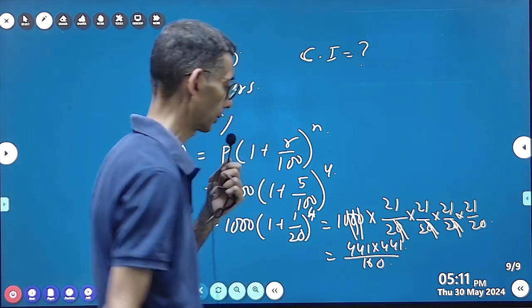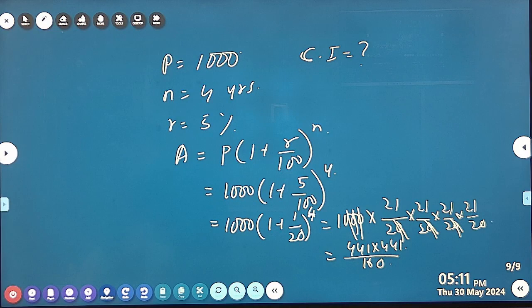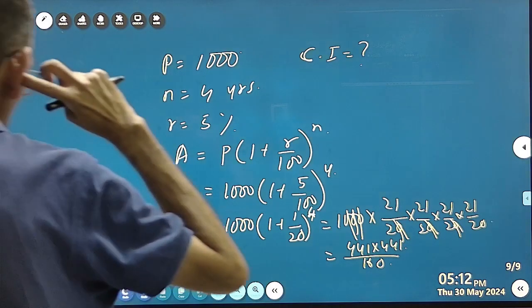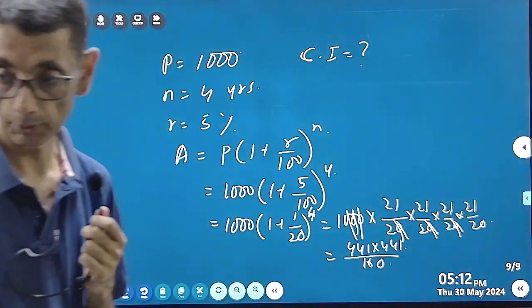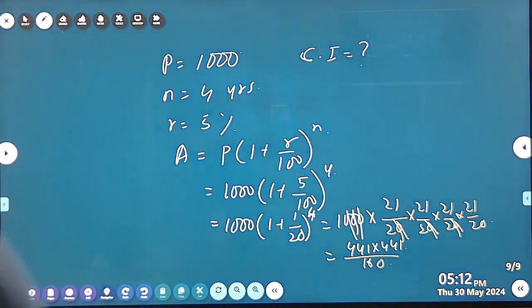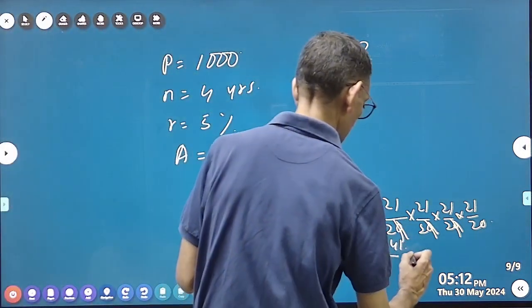So divide 441 into 441 by 160. It should come as about 1215, approximately.